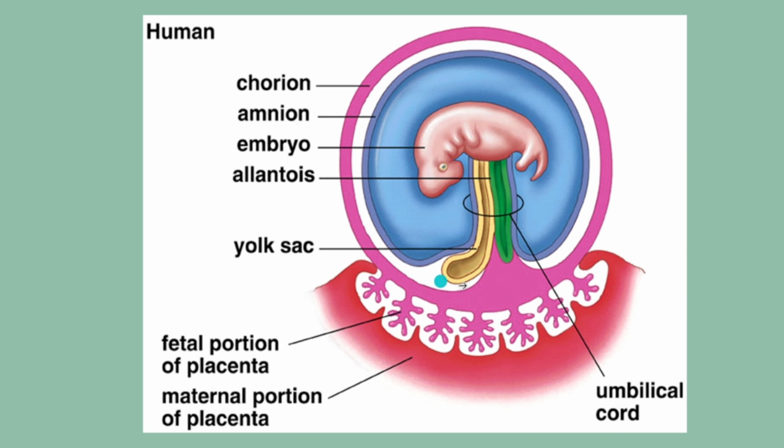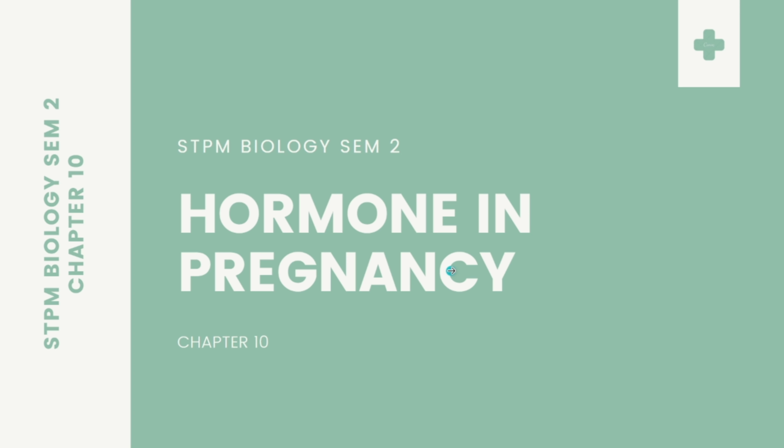Other than that, the outermost layer that protects the embryo we call the chorion, and the inner part is the amnion. The allantois is the umbilical cord that connects the embryo and the mother, and this is the yolk sac.